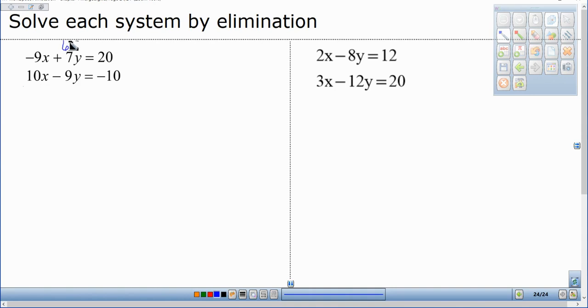So I want this to be a 63, and I want this to be a negative 63. So I'm going to multiply the top equation to make my 7 become a 63, which would be times 9. And then I'm going to multiply my second equation to change my negative 9 into a negative 63, and that would be times a positive 7.